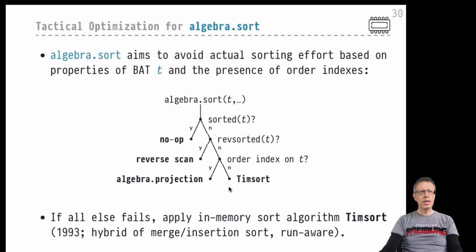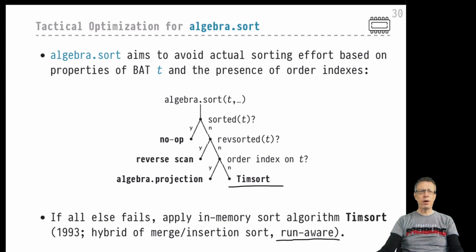MonetDB internally has an implementation of timsort, which is a rather recent, modern version of an in-memory sort algorithm that is in some way a hybrid of a merge sort and an insertion sort that is aware of runs of values inside the base BAT T that are already sorted or that may be constant.